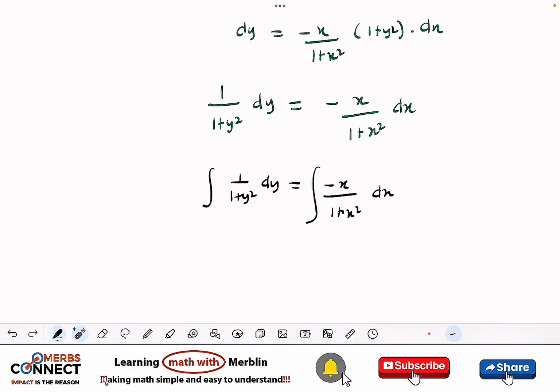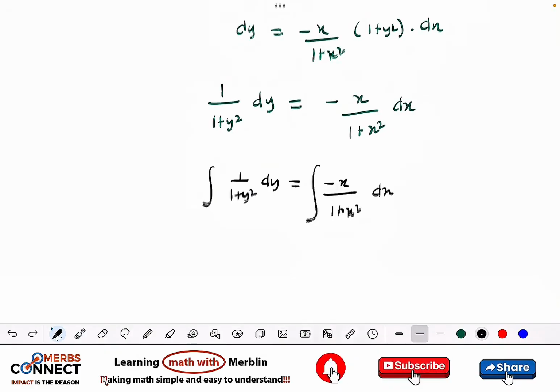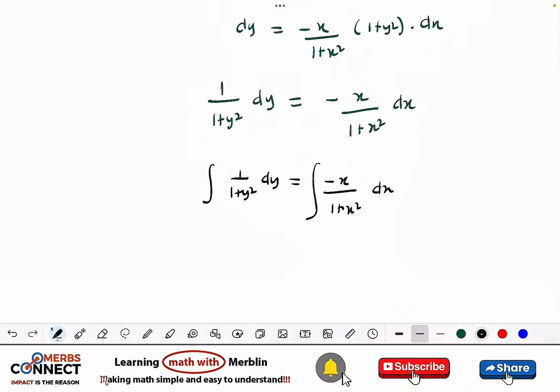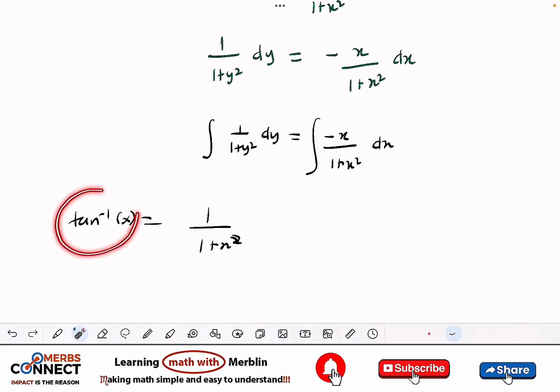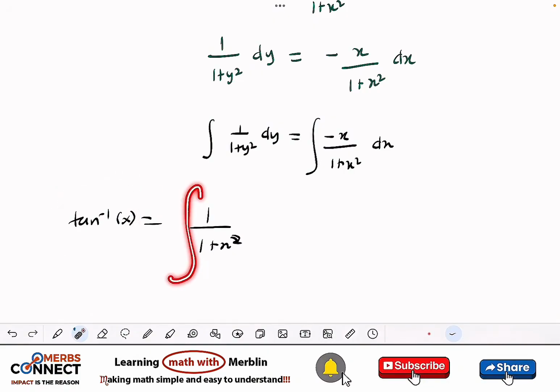Remember that when we were doing further calculus, we talked about the inverse, or when you differentiate a tan inverse function, right? So when I differentiate tan inverse of x, this is 1 over 1 plus x squared. So if I remember this, then it means that if I'm integrating something that is 1 over 1 plus x squared, then I need to think about tan inverse.